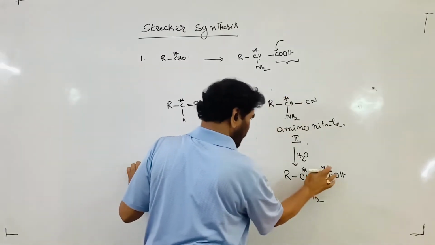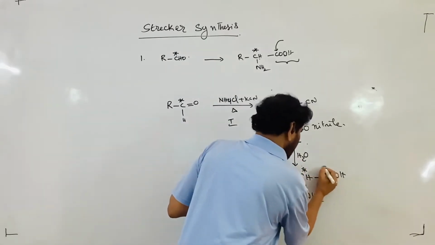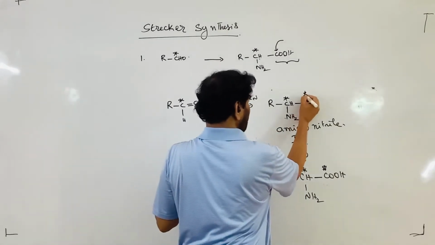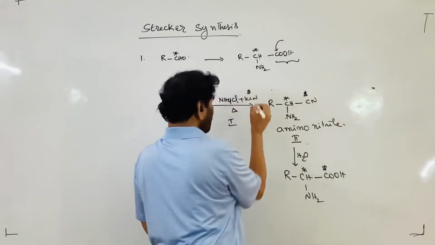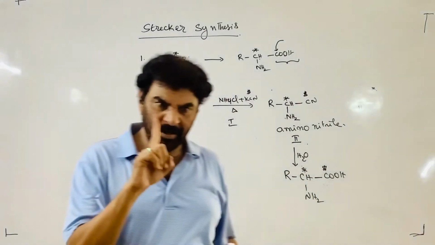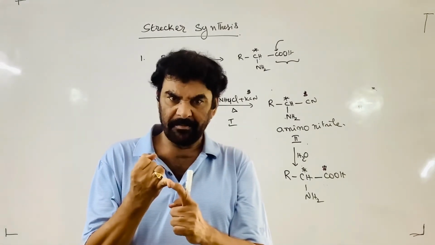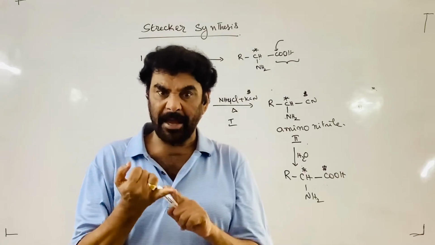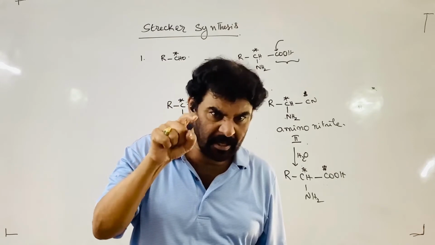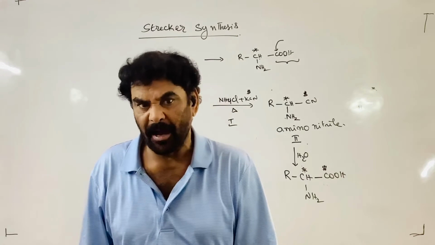That is, we are converting the aldehyde into a carboxylic acid containing one carbon atom more, and at the same time we are able to introduce the amino group on the aldehyde carbon, which in the product became the alpha carbon.